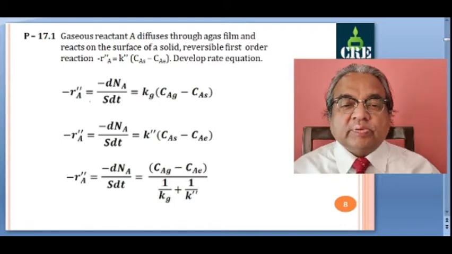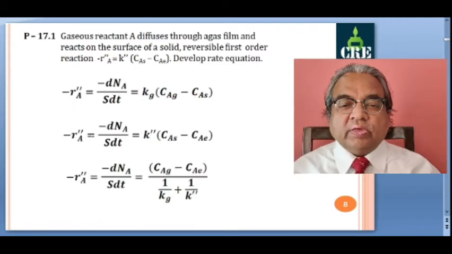So for mass transfer, we can write minus RA double prime is equal to kg into CAG minus CAS. This is the gradient in the gas film, with gas side mass transfer coefficient. And minus RA double prime for reaction is given as K double prime CAS minus CAE, directly given.